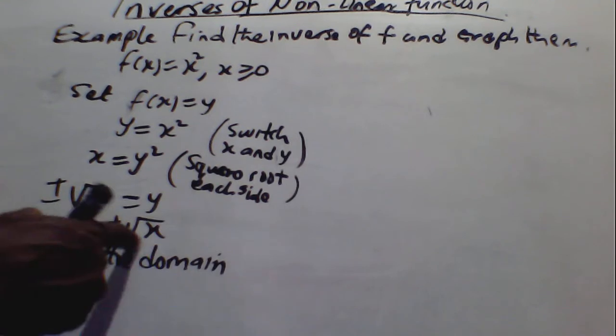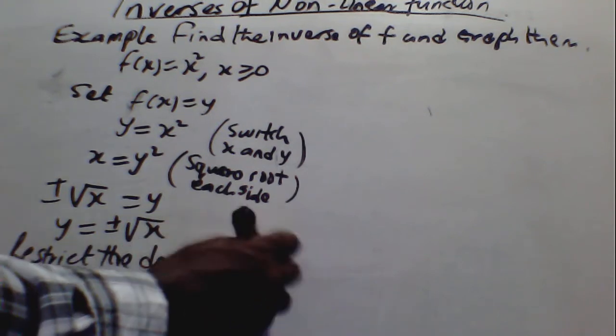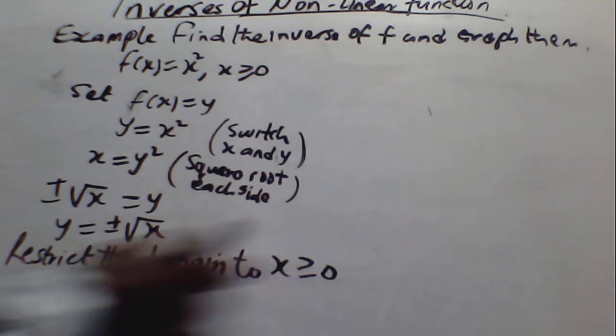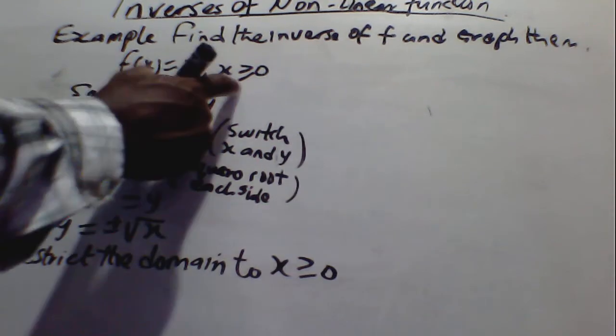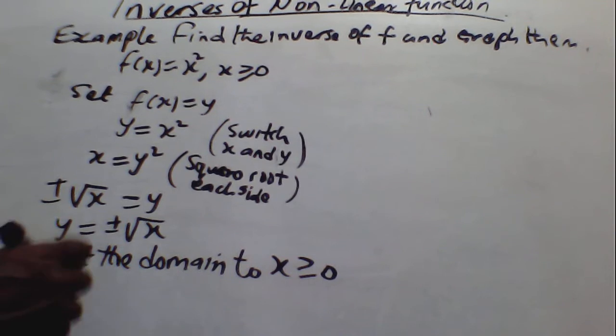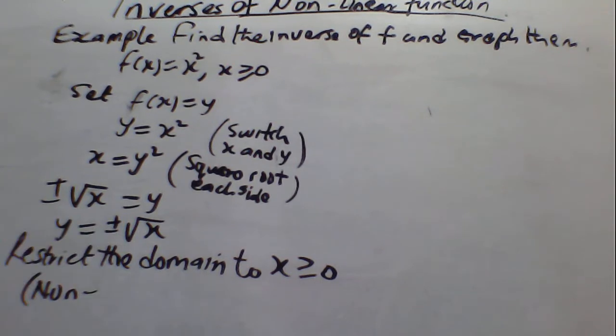The radicand of a square root cannot be negative. Restrict the domain to x greater than or equal to 0. What is the reason? The radicand of a square root must be a non-negative real number.